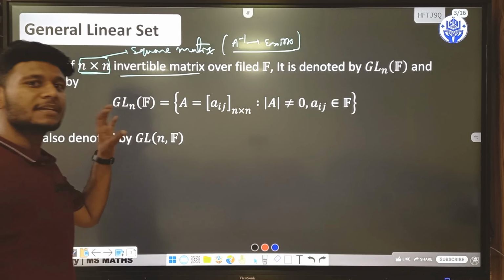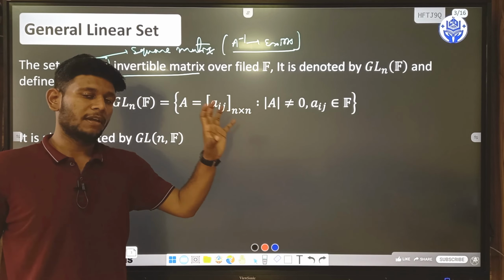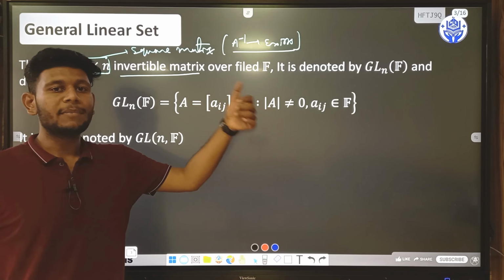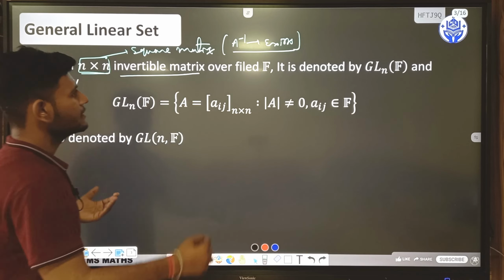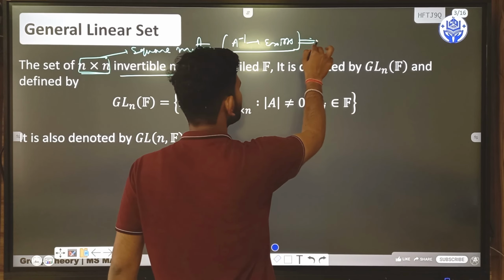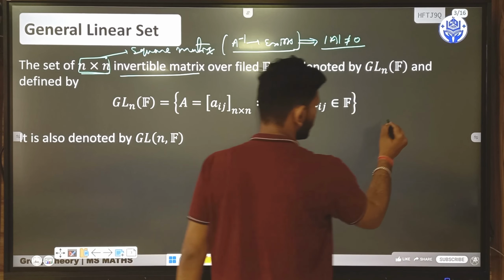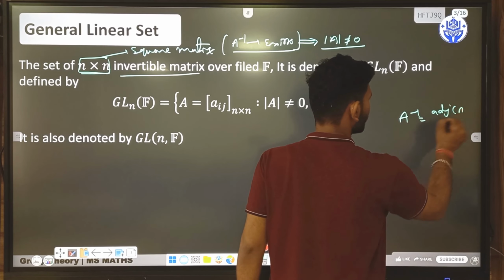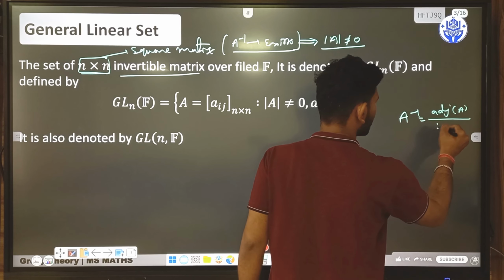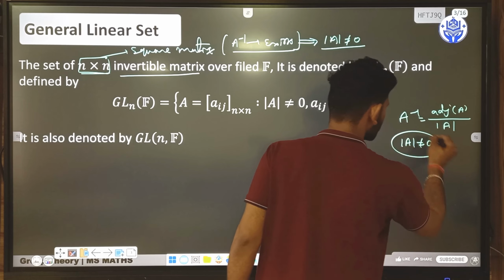So this is basically a collection of all those matrices whose inverse exists. Simply, I can say the determinant of A is not equal to 0, because the inverse of matrix A is the adjoint of A divided by the determinant of A, and the condition is that the determinant should not equal 0.